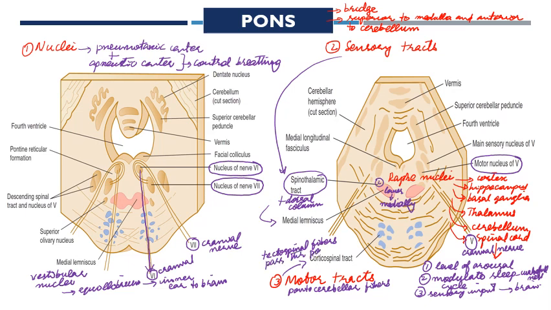These tectospinal fibers arise from the midbrain and pass all the way through the pons to reach spinal cord.